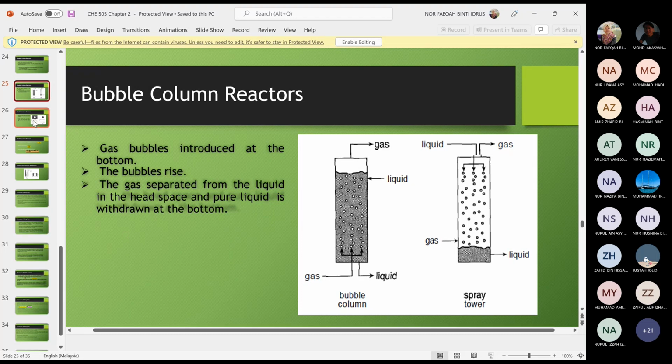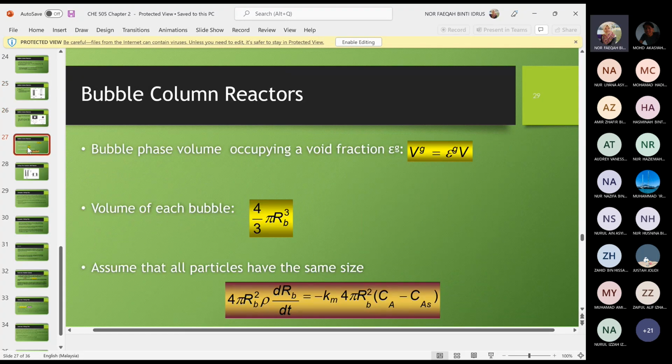Okay, now we look at the reactor design. So actually, reactor design for bubble column ni much more simpler compared to falling film reactor. Okay, so first we look at the size. Yang ni if we consider, usually we will use this equation if the reaction in bubble column is mass transfer limited.